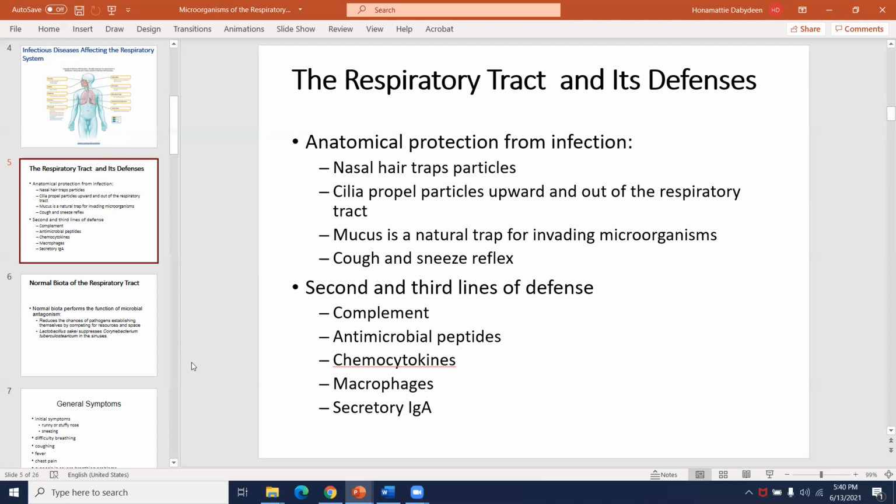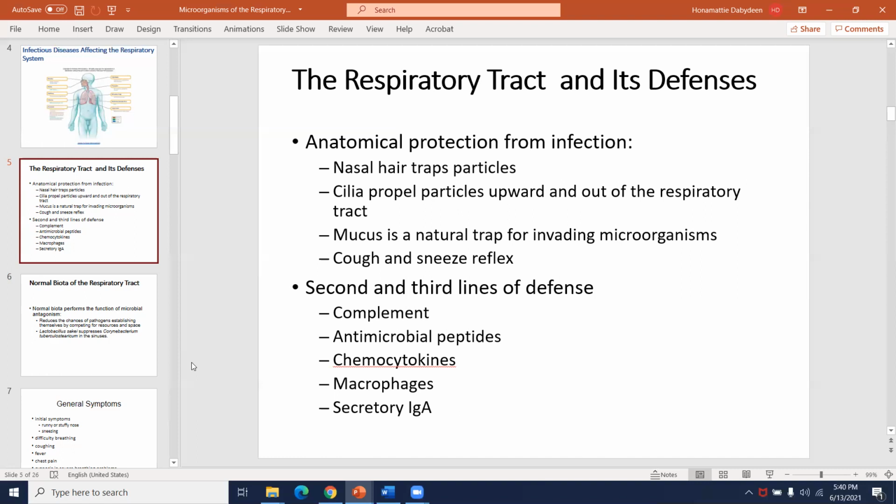And so these are all things that are working in your favor against the microorganisms. Okay, so that's your defense. And of course, when we get into the individual diseases themselves, we'll talk about some third line of defense where you will be producing antibodies against specific organisms.